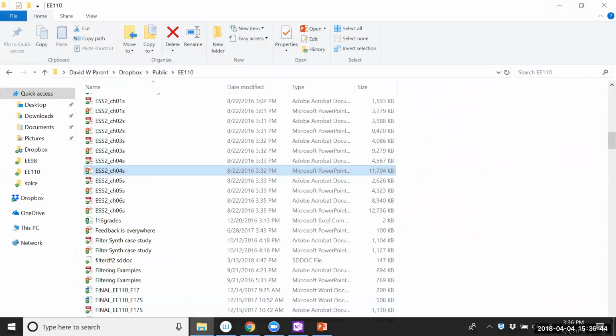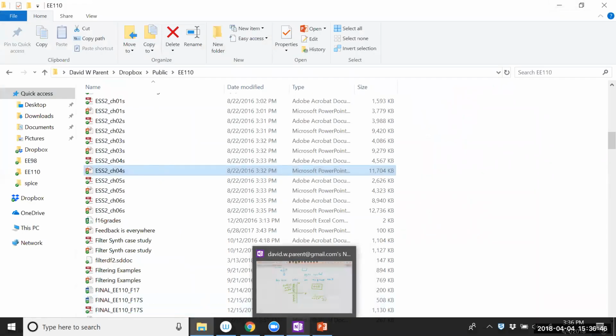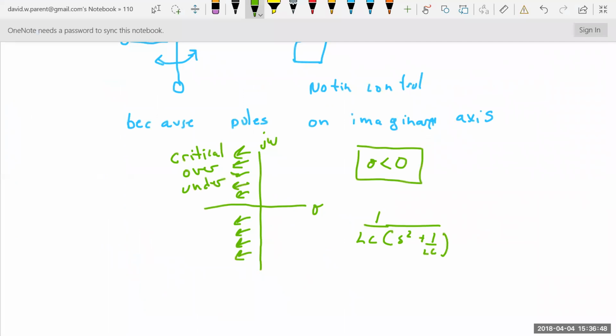But ZC equals one over SC, but that's really 1 over J omega C. It's purely imaginary, so pure capacitors can never dissipate energy.